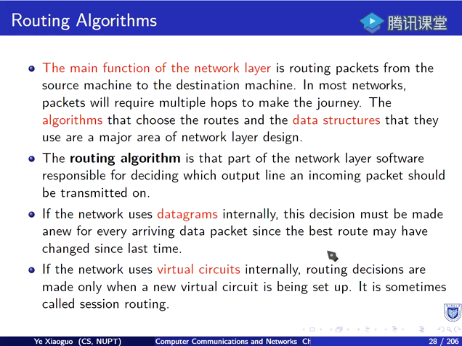It is sometimes called session routing. So the routing algorithm is that part of the network layer software responsible for deciding which output line an incoming packet should be transmitted on.